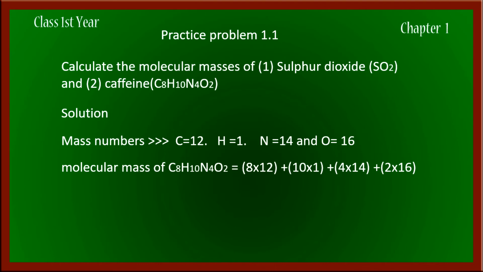Similarly, the mass number of nitrogen, which is 14, is multiplied with 4, because there are 4 nitrogen atoms in one molecule of caffeine. And the same goes for the oxygen. There are 2 oxygen atoms, so its mass number, which is 16, is multiplied with 2. After doing the calculation, the molecular mass of caffeine comes out to be 194 AMU.